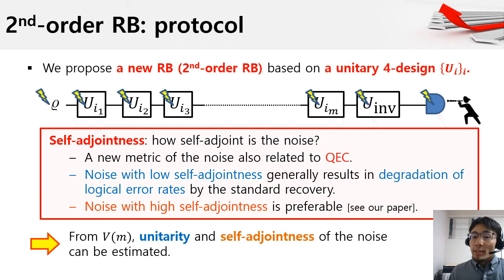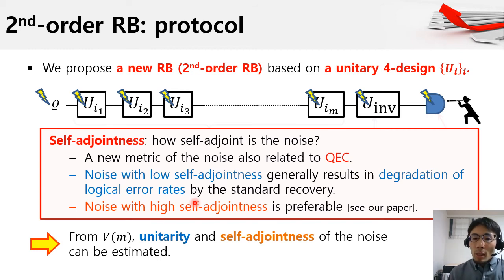We can easily observe that if the noise has a low self-adjointness, then it generally results in degradation of logical error rates if we use a standard recovery operation, such as applying Pauli operations to the suitable set of qubits.